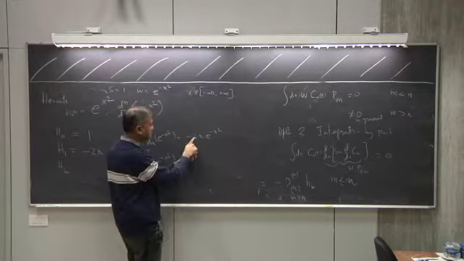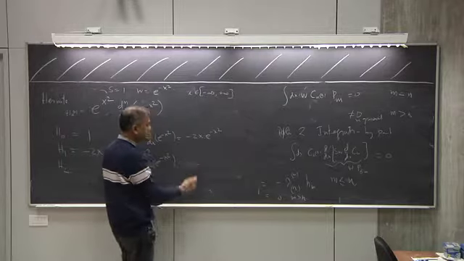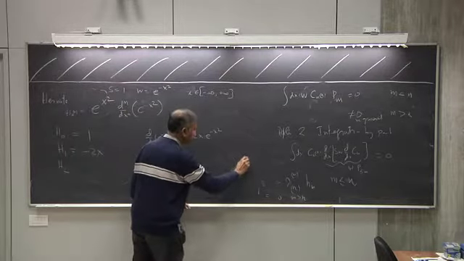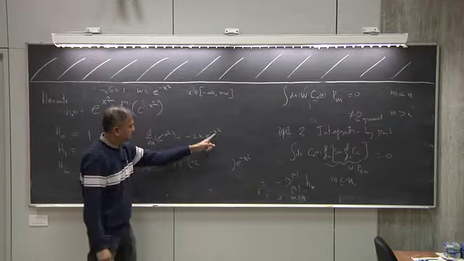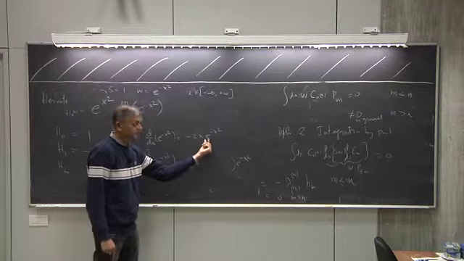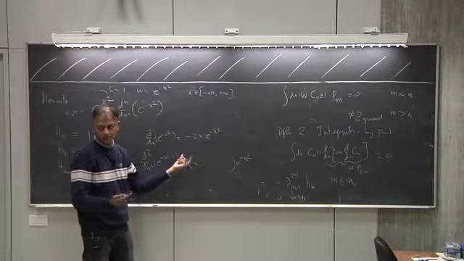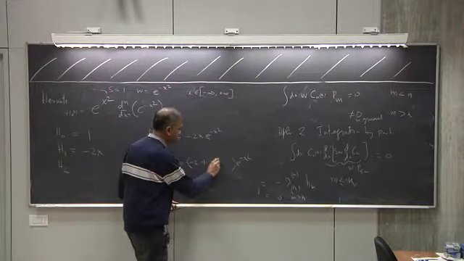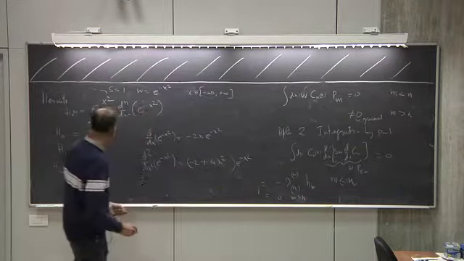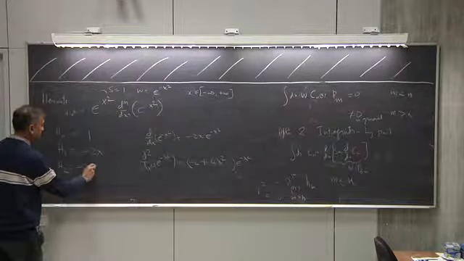When the derivative hits here, I just get minus 2. Of course, the exponential factor is always there. But when the derivative hits there, I bring down a minus 2x. So minus 2x times minus 2x is plus 4x square, times that. So H2 is minus 2 plus 4x square.